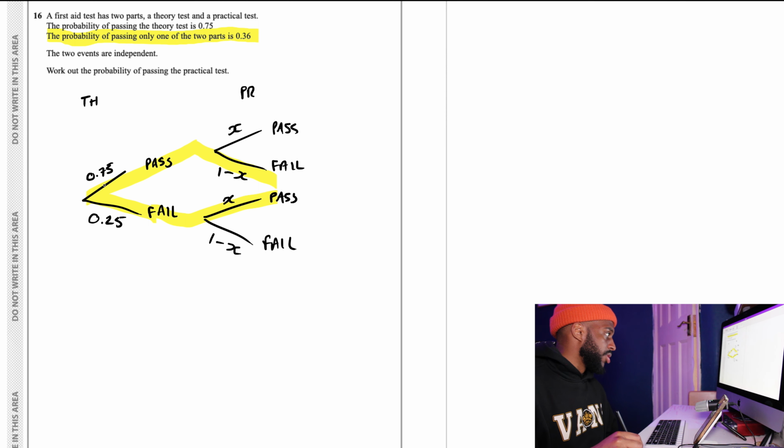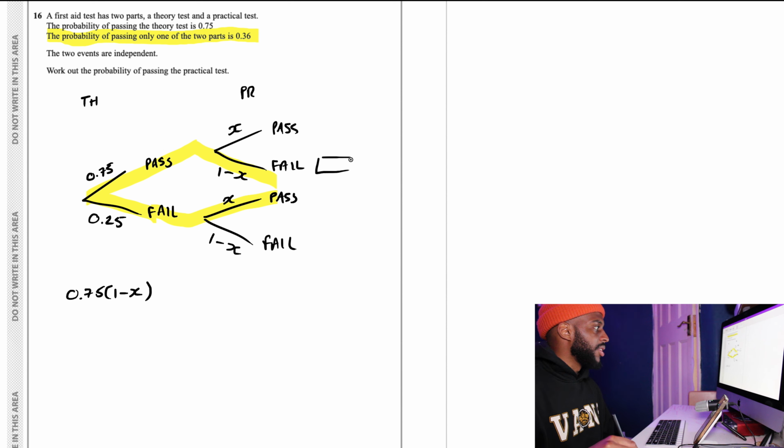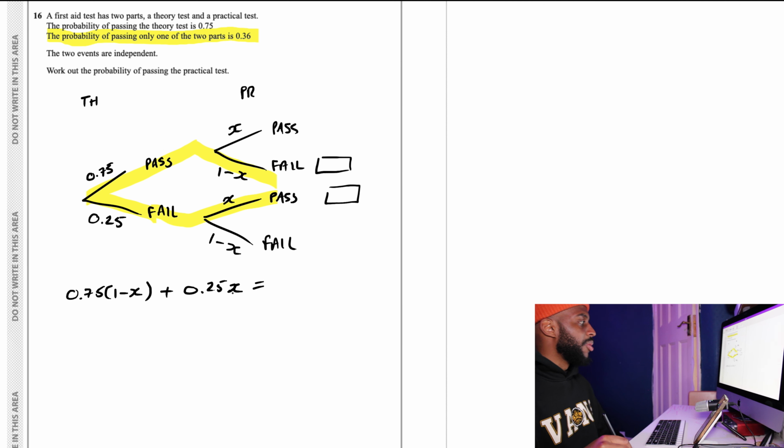Okay, so what we're going to do is 0.75, we're going to times along the branches, 0.75 multiplied by 1 minus x, that will give us our value here, and then we're going to do 0.25 times x, and that would give us a value there, and then we'd add those together. So 0.25 times by x is just that, and when we add them together, that should equal 0.36.